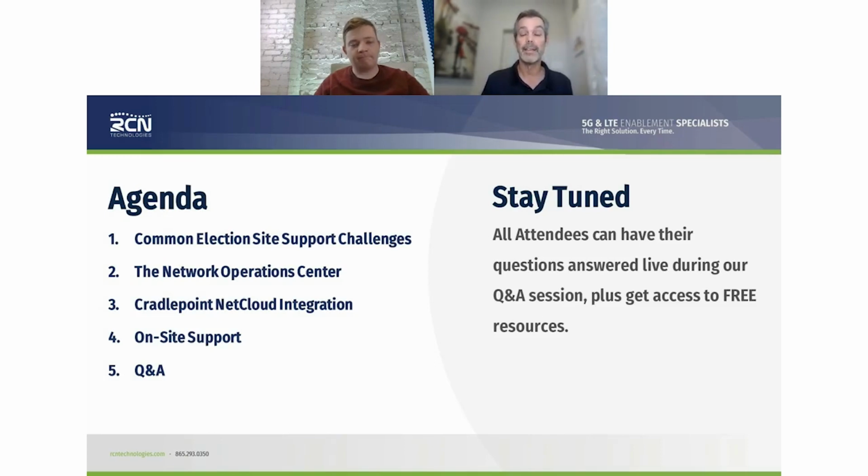We've done a little investigating, and I think there are some common needs among everyone, and we're going to discuss those. Then we're going to jump into our NOC solution, our Network Operations Center, and how we can support you on election day and make it a simpler, easier task as you run into issues or have any needs, and how we're going to help you get those corrected.